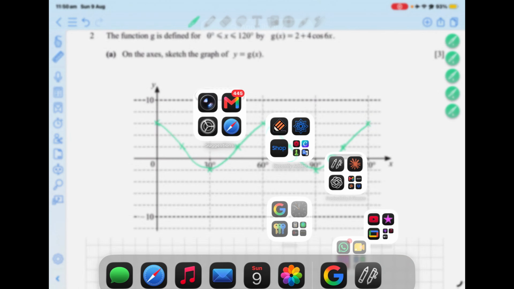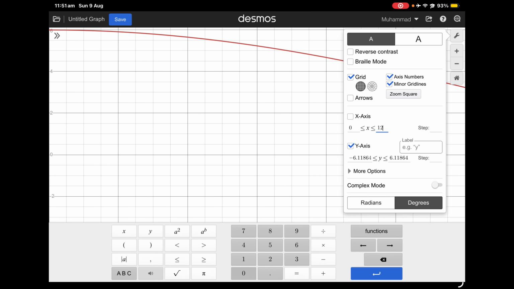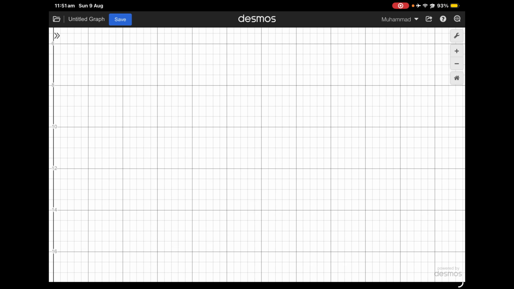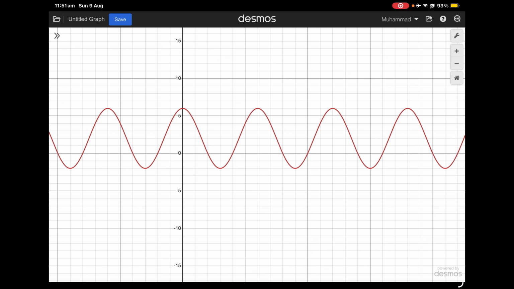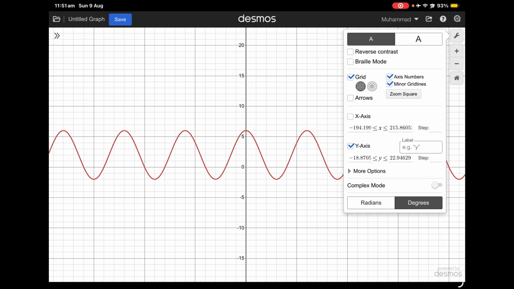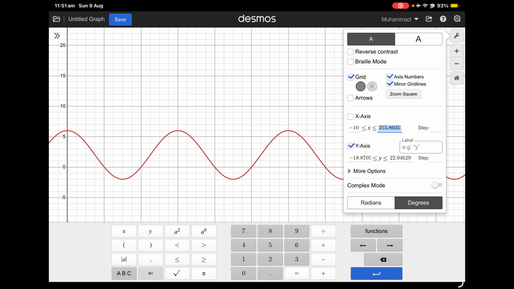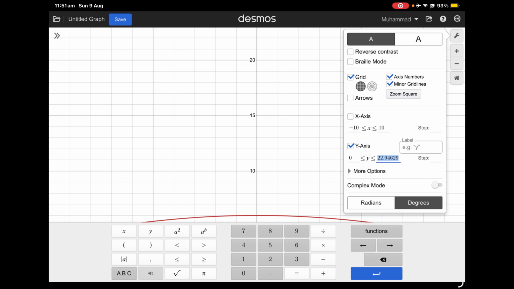And so it's in degrees, and it's for 0 degrees to 120 degrees. Why was I brought here all the way? I mean, just go from minus 10 to 10, and this is 0 to 120.